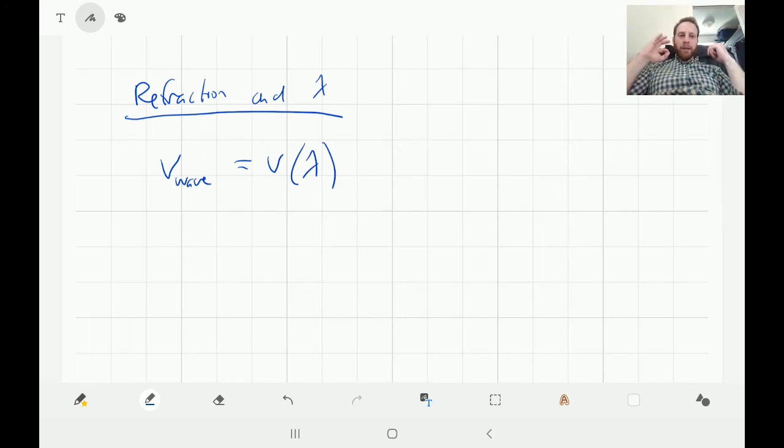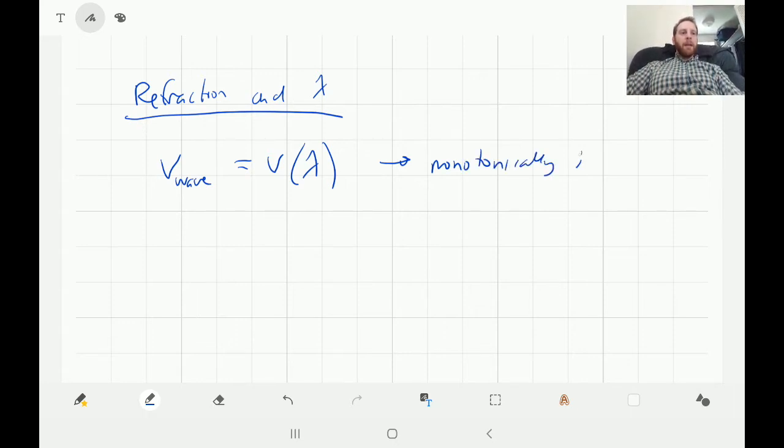Now, in totally free space, in vacuum, the wavelength of light does not affect its speed. But once you're in a material, this changes. Typically, v is a monotonically increasing function of lambda.